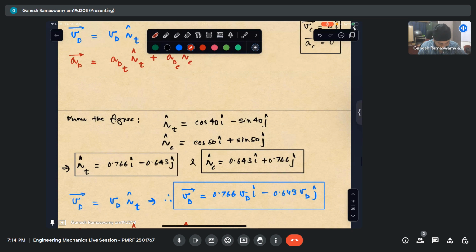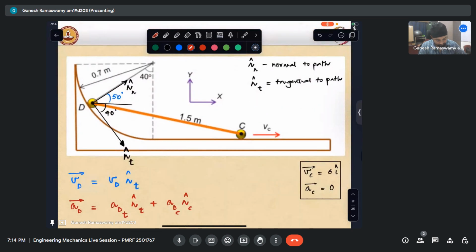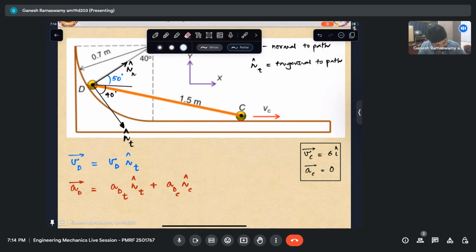C and D. Okay, there is one more thing. If we take it like that, and then we draw this perpendicular here, let me call this angle as beta.